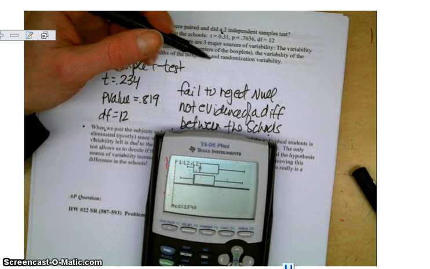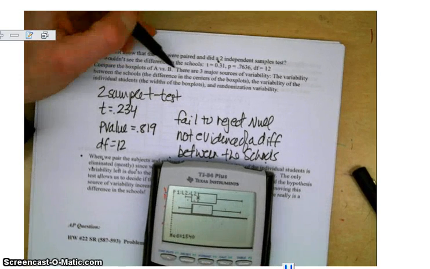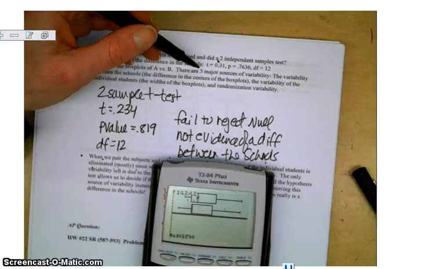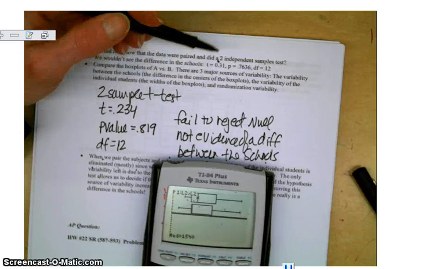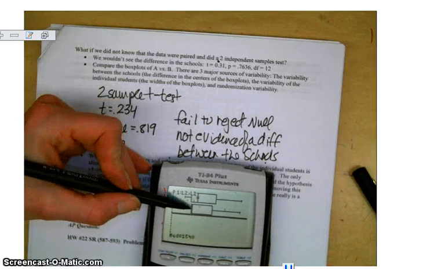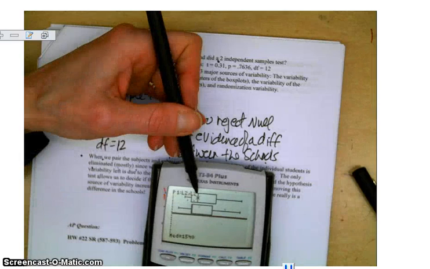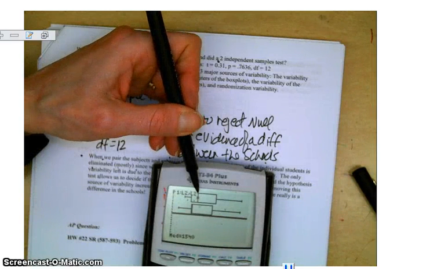And what you should notice, and it talks about it up here, if you're comparing those box plots, there are three major sources of variability if you look at the two schools. The variability between the schools, in other words, that's the difference in the center. Remember, the center of a box plot is the median. So school A has a higher median.